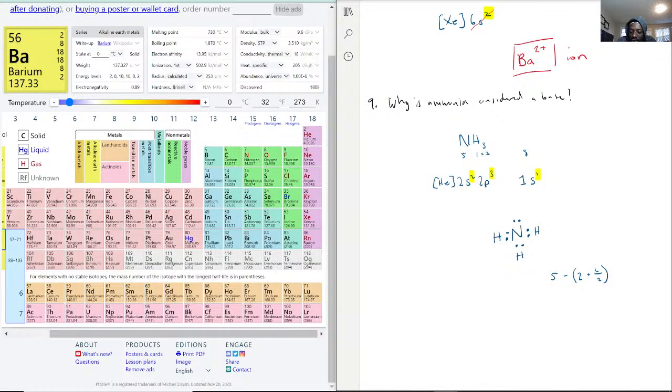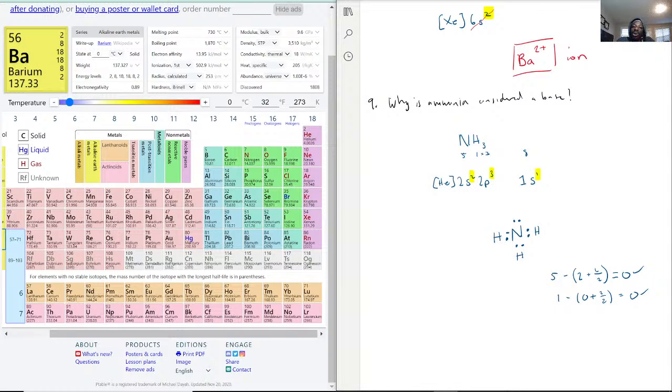So 2 plus 6 over 2, that's 3, so that's 2 plus 3, 5. So exactly, nitrogen is satisfied. And the hydrogen: 1 minus 0 plus 2 over 2, that is 1 minus 1, we got 0 as well. So this is completely how it wants to be.